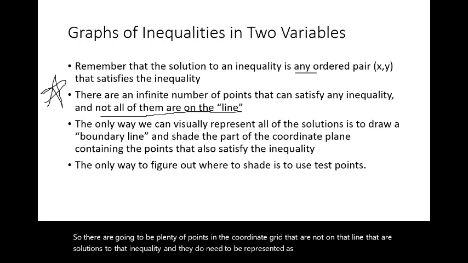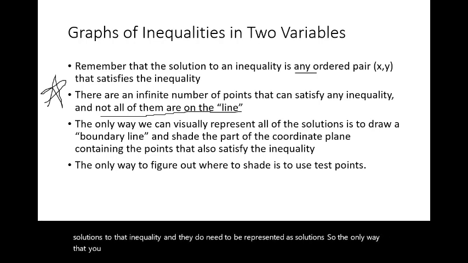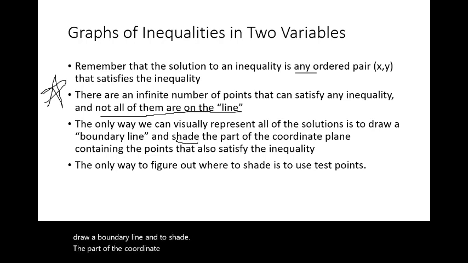The only way that you can visually represent all of the solutions to the inequality that are not on that line is to draw a boundary line and to shade the part of the coordinate plane that contains the points that also satisfy the inequality.